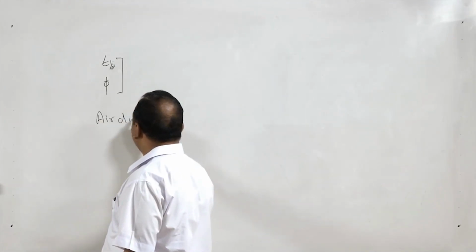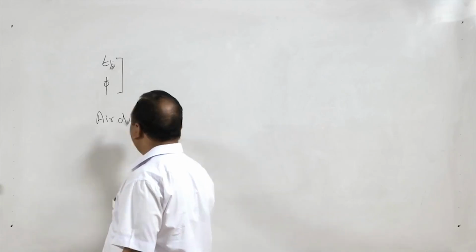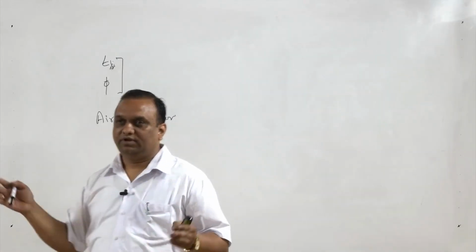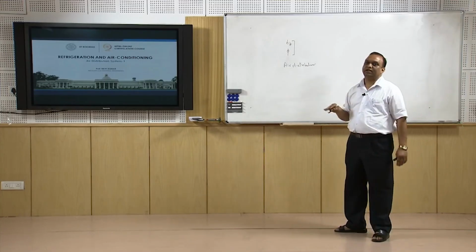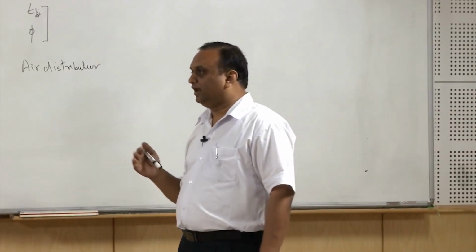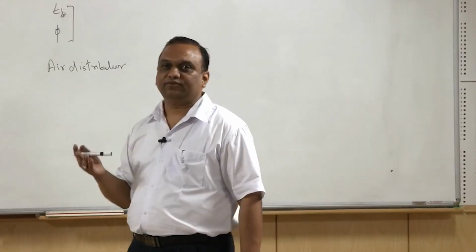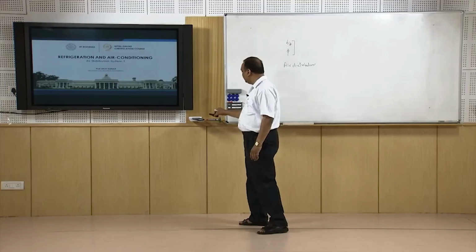Air distribution is equally important. You may have cold air, but how do you distribute this cold air into the entire building? For small capacity systems like direct expansion, package type units, there are different types of air conditioning units.